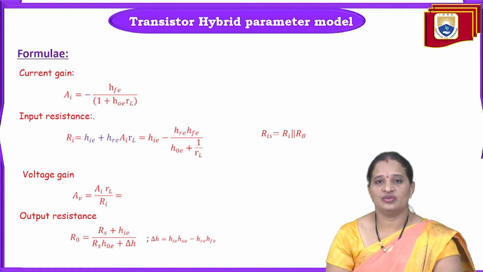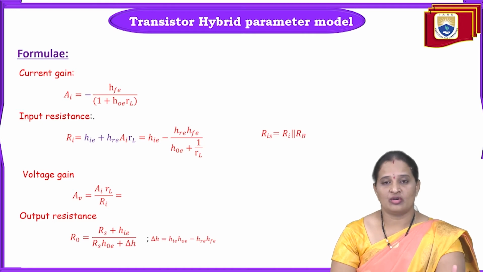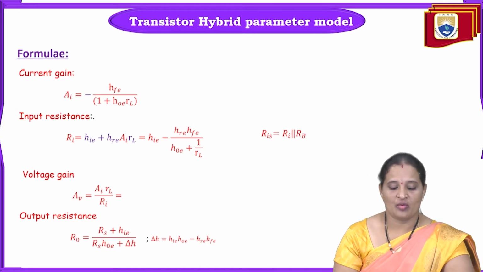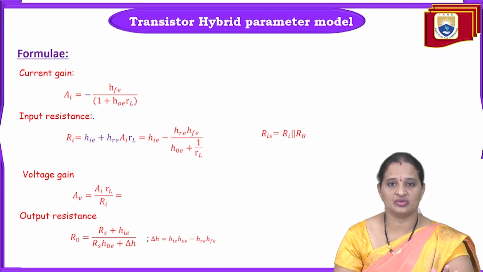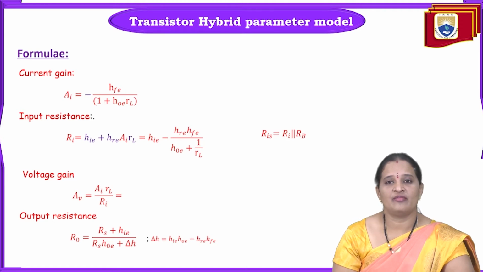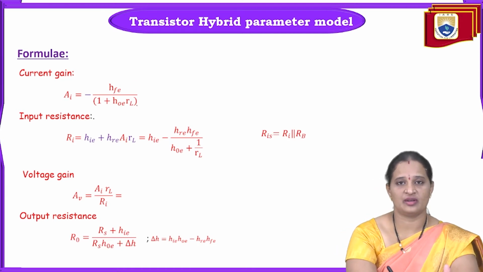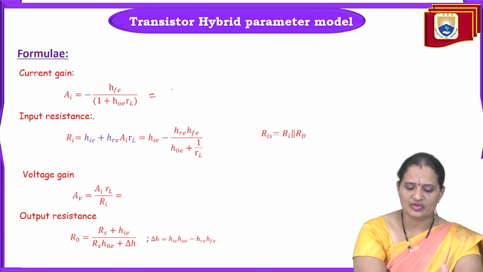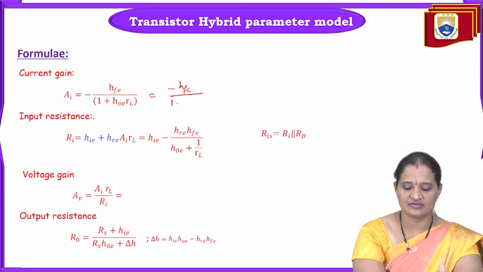Before that, we'll discuss the formulae related to common emitter or common base. These are applicable for all the configurations. The current gain formula is AI = minus HF by 1 plus HO into RL. These are the formulas given for common emitter, and we can also apply them by replacing the H parameters with those of the common collector configuration, that is minus HFC by 1 plus HOC into RL.